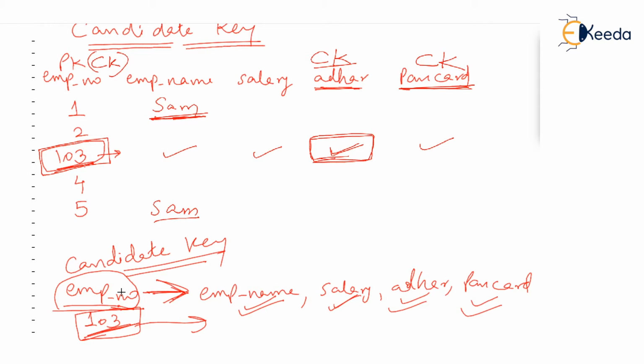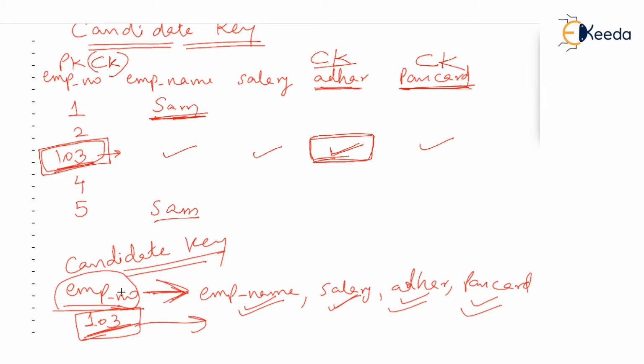So there can be multiple candidate keys in the same table, and one of those candidate keys becomes primary key. We want only one primary key in the table. There are multiple candidate keys, but among those candidate keys, we appoint one to become primary key.